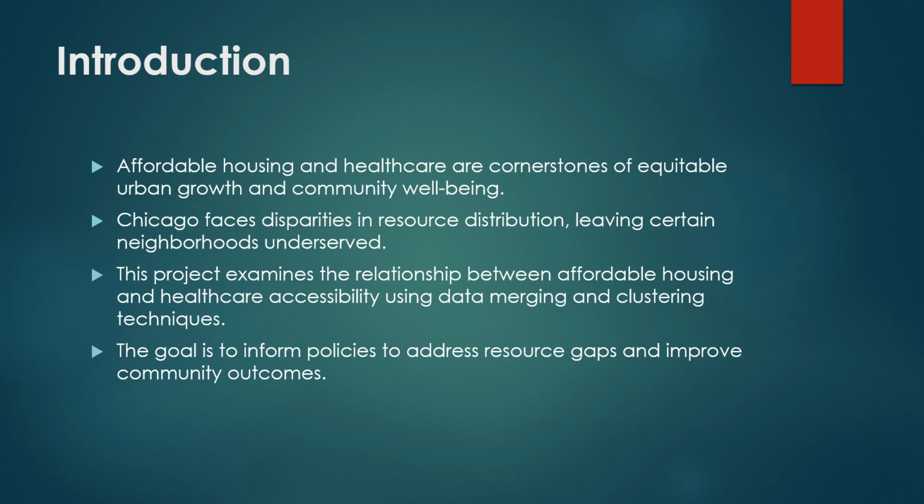The goal of my project is to inform policies to address resource gaps and improve community outcomes. So we can actually know what resource needs to go where, so that everybody is going to improve the equality when it comes to well-being of the community.